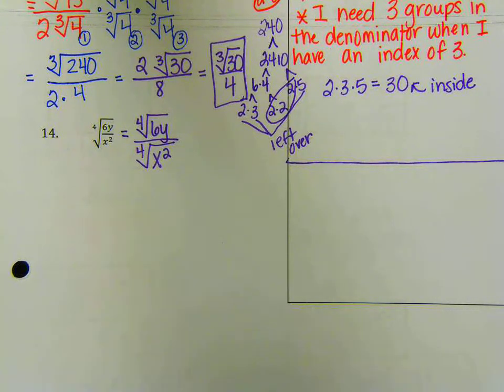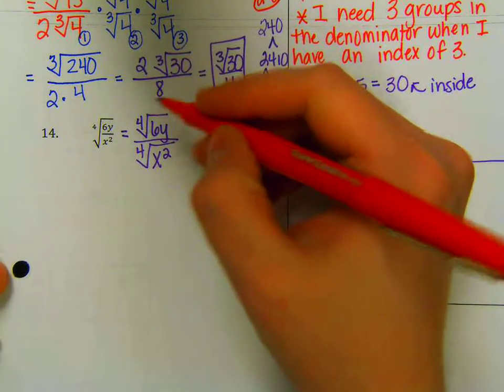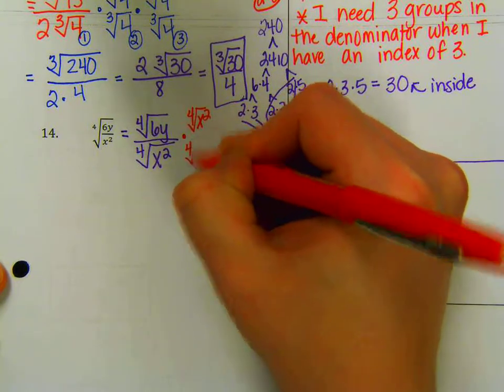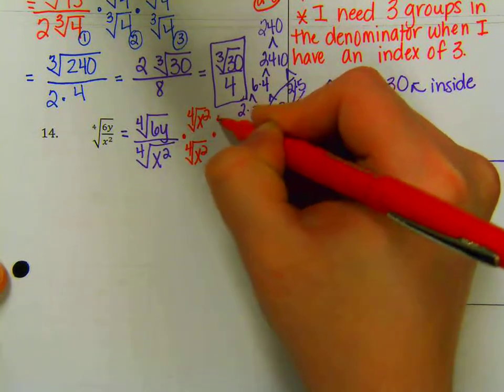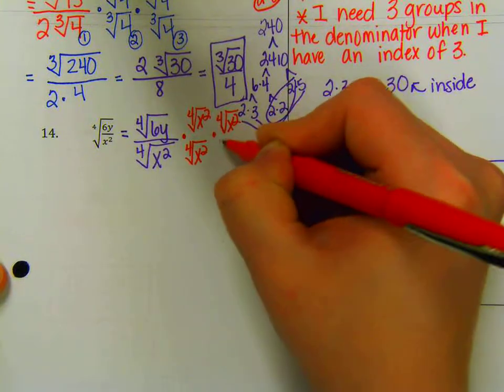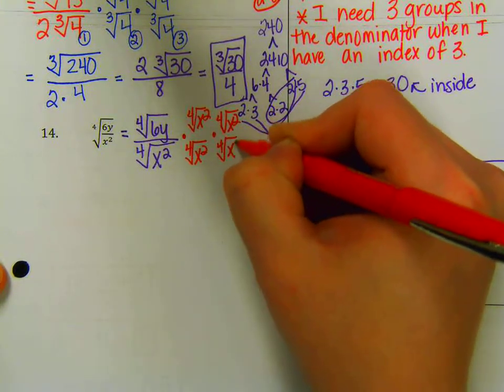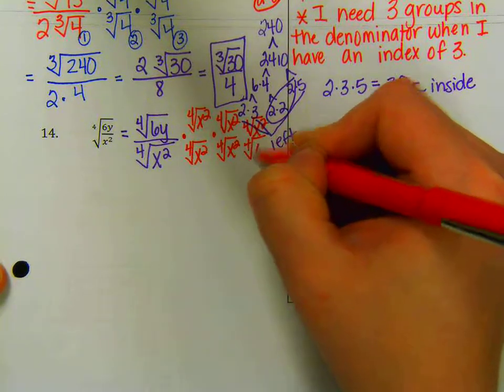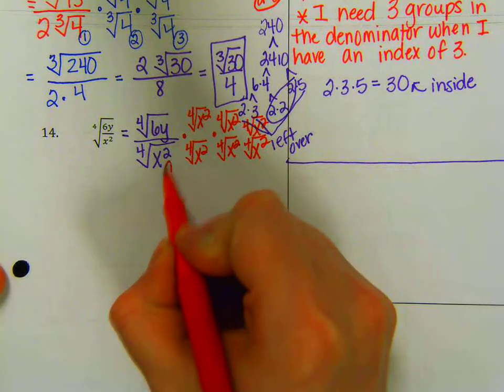But like I said, I need a group of 4. So I'm multiplying by the 4th root of x squared, the 4th root of x squared, and I'm going to run out of a little bit of space here, the 4th root of x squared, so that I have 4 in the denominator.